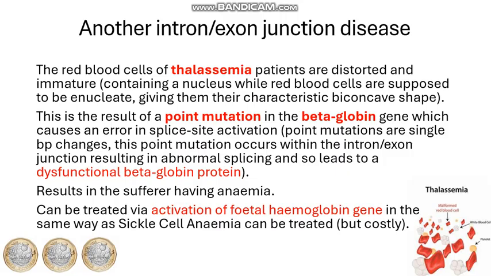That's the adult red blood cell globin gene. We can activate the fetal hemoglobin gene, which switches itself off as we get older, and if we turn it back on, then we can produce healthy hemoglobin and healthy red blood cells.